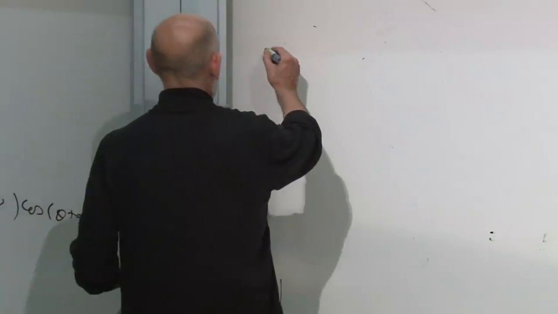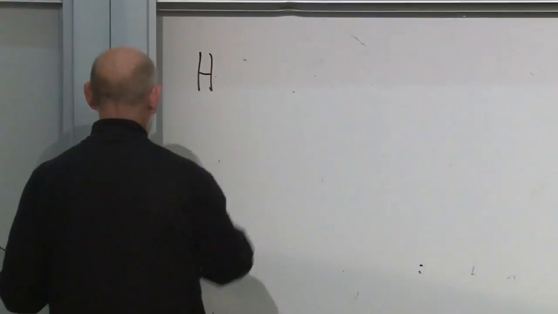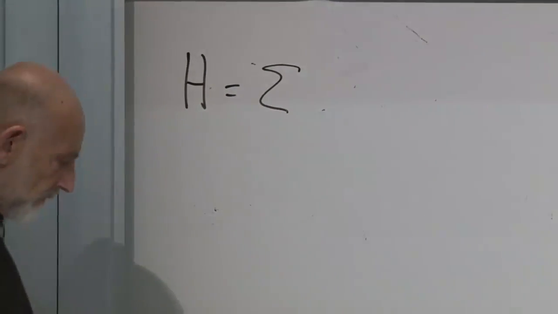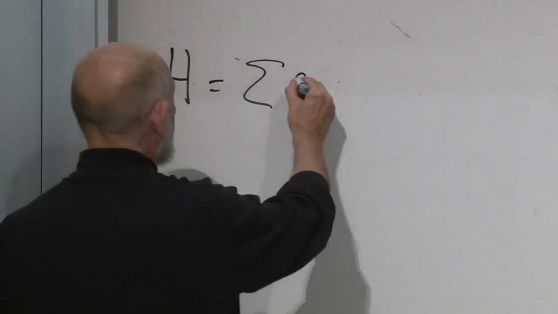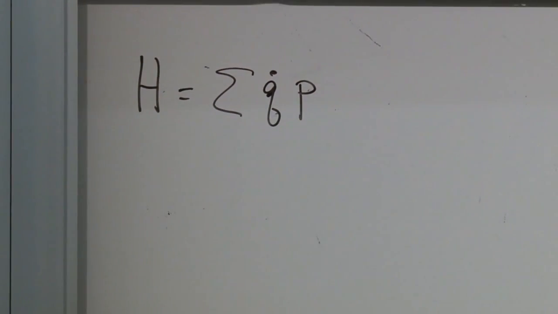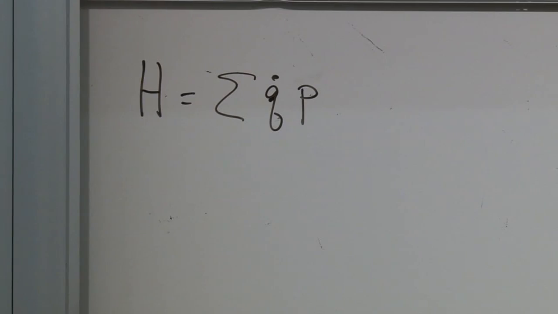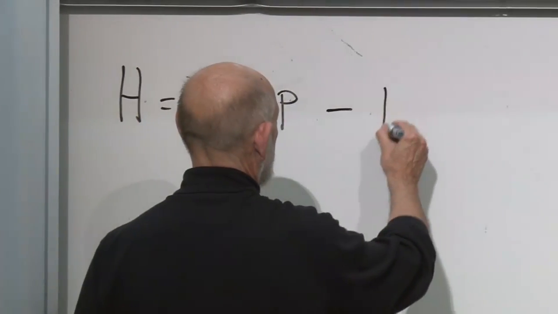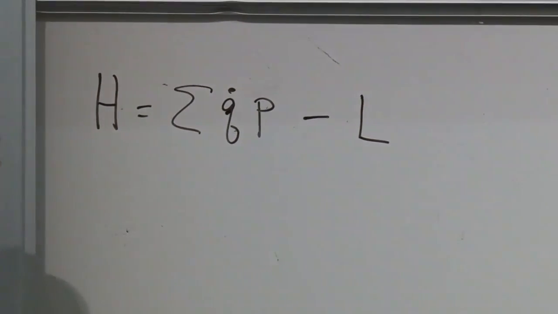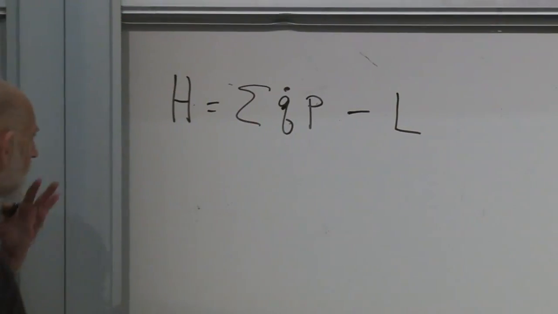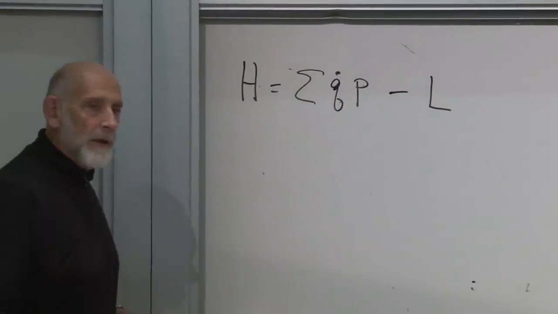Let me remind you what the Hamiltonian is. The Hamiltonian is equal to the sum over all the coordinates of q dot times p, I won't bother putting the little i's in, minus the Lagrangian. We worked that out last time, and we found out that as a consequence of the Euler-Lagrange equations, this quantity is conserved.